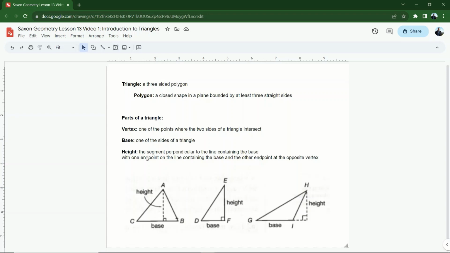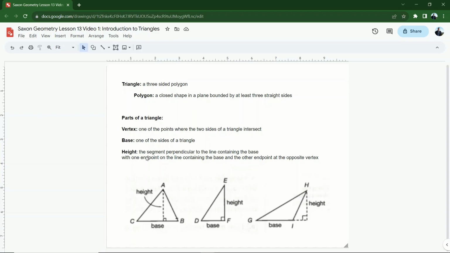The height is perpendicular to that line. And then one endpoint of that segment is on the baseline. The other endpoint is on the vertex that's opposite the base side. Now it's important to realize that that height has to be perpendicular to the baseline. That really locks it into just being one particular line segment in your triangle.